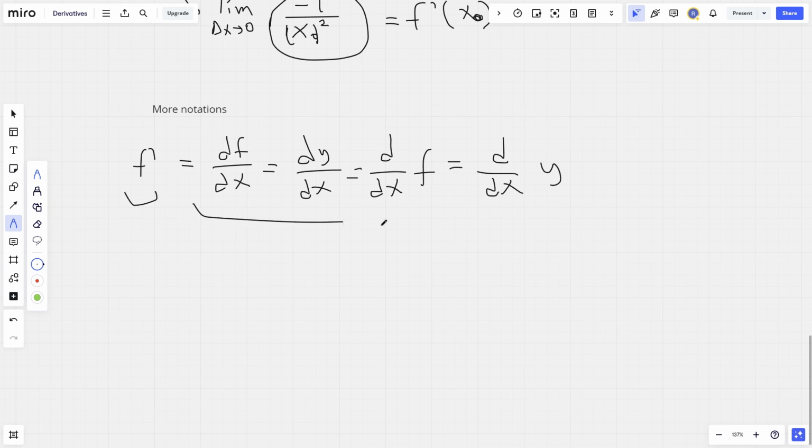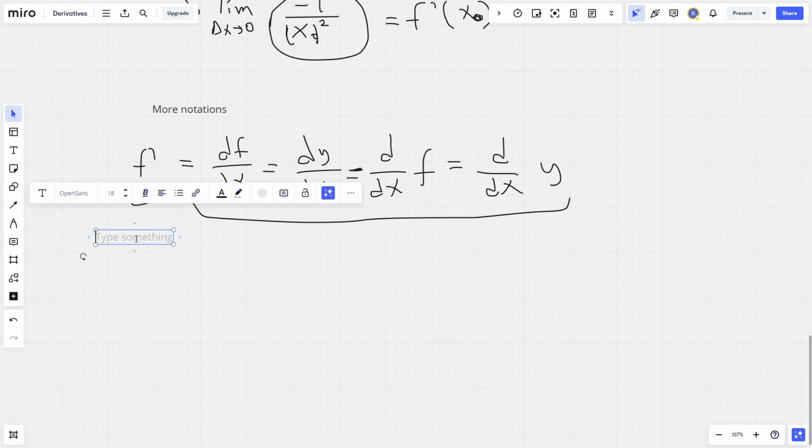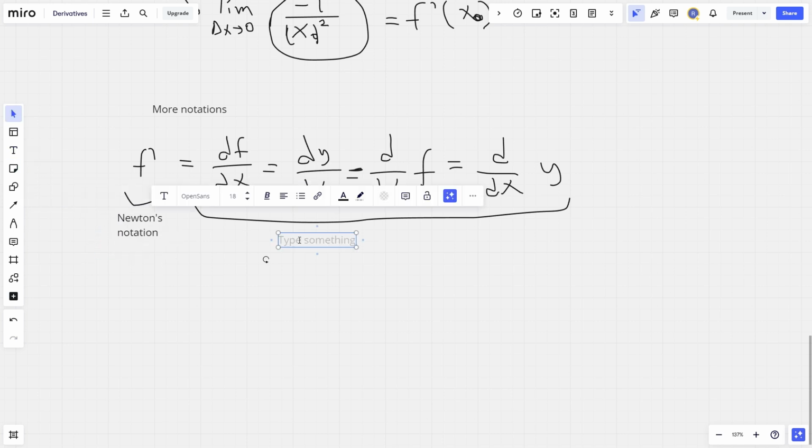Now, all of these represent the exact same thing, right? They all represent a derivative. This is called Newton's notation, and these are called Leibniz notation.